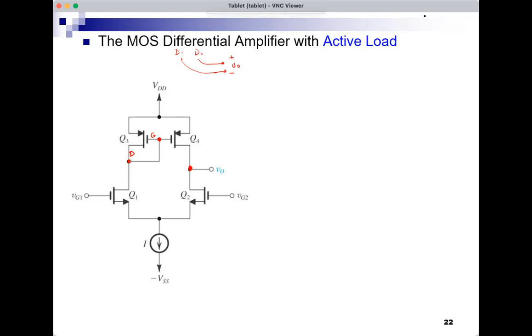So this short circuit here, we can show using small signal analysis, allows us to get the full gain of the amplifier even when I take the output between this node and ground. If I do this in the previous amplifier, I don't get the full gain, I get 1/2. For this circuit, we get the full gain.